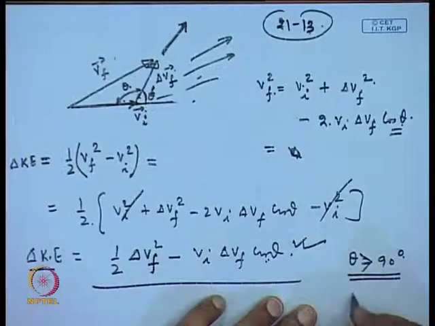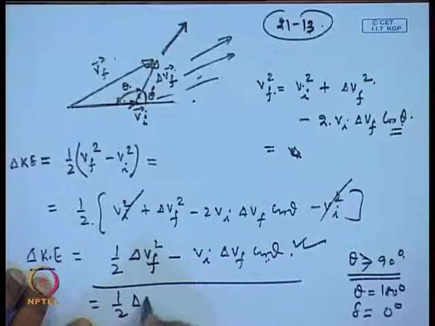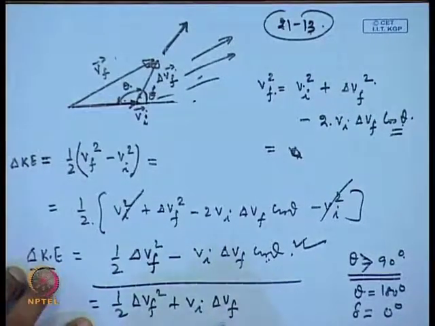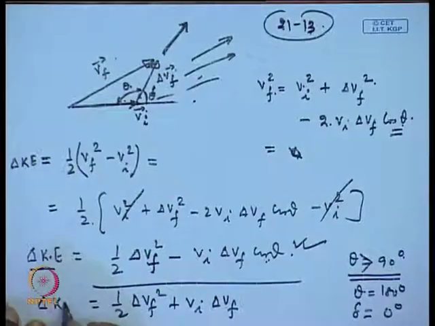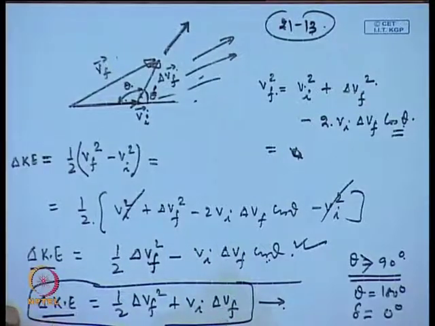If you have theta equal to 180 degrees, at that time delta will be equal to 0 degrees. Then you will have this quantity as delta V f square plus V I times delta V f, and this is the maximum amount of change in kinetic energy that you can register. You cannot exceed this value for a given amount of impulse.